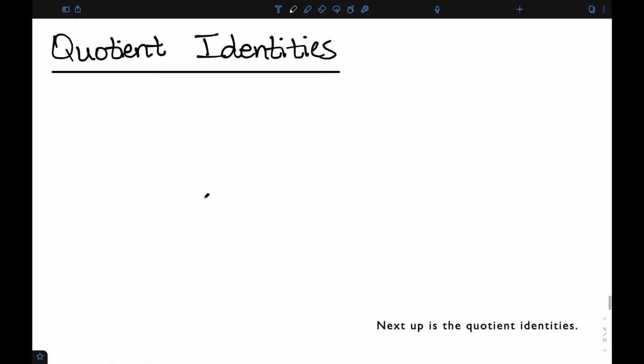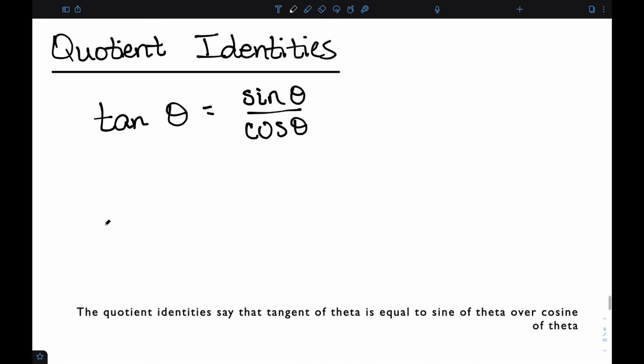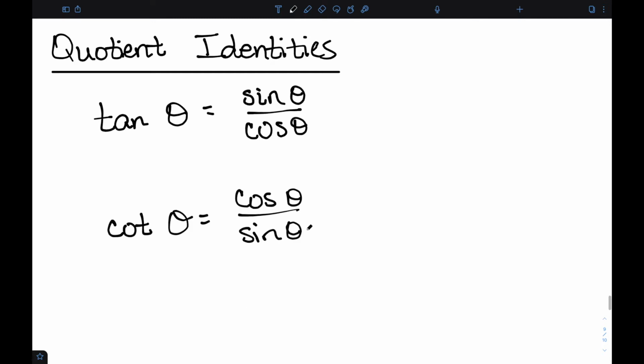Next up are the quotient identities. The quotient identities say that tangent of theta is equal to sine of theta over cosine of theta, and cotangent of theta is equal to cosine theta over sine theta.